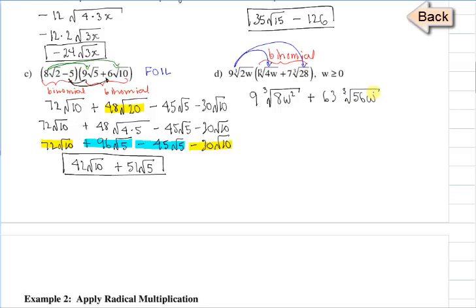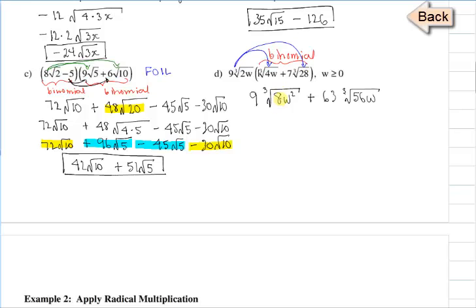Okay, so we're going to do some simplifying here. Just like we used the perfect square method on C here, I'm going to use the perfect cube method on this one. Now 8 is a perfect cube because we know 8 is 2 times 2 times 2. So the cube root of 8 is 2.